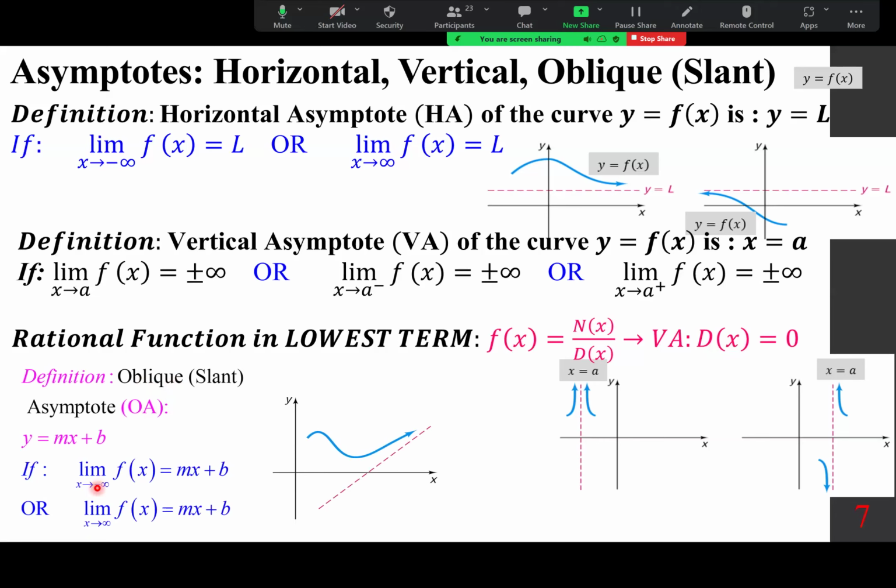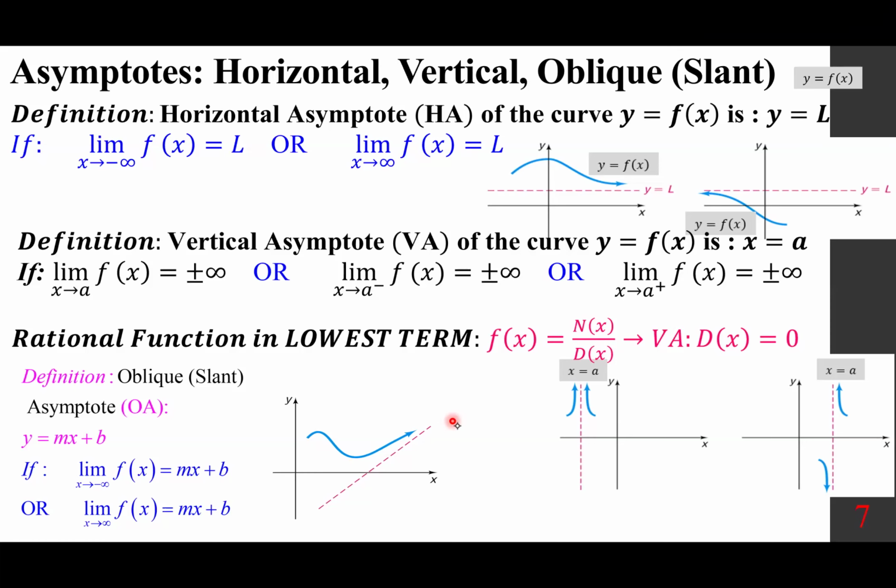The limit of f of x as x approaches minus infinity is mx plus b, or the limit of f of x as x approaches infinity is mx plus b. It approaches some sort of a slant line, okay? That's why it's called an oblique or slant asymptote. Again, very straightforward, everybody. So that's the synopsis of asymptotes.